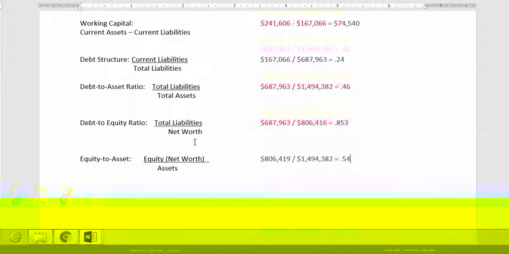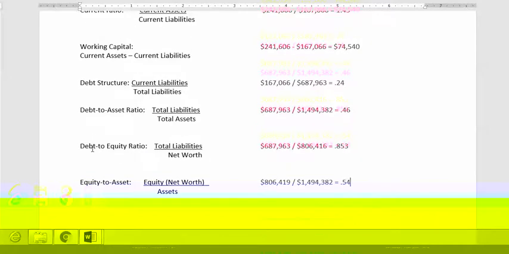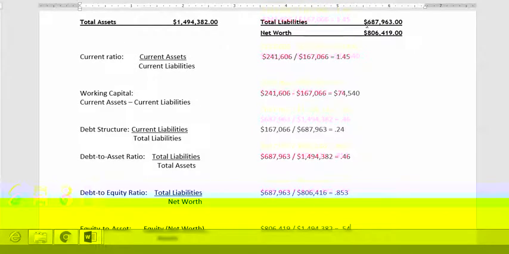Debt to equity ratio, again, it says right in the name what to do here. Debt, total liability, divided by total equity or net worth. And we come out here 0.853. So at least there's less debt than net worth. That's a good thing.